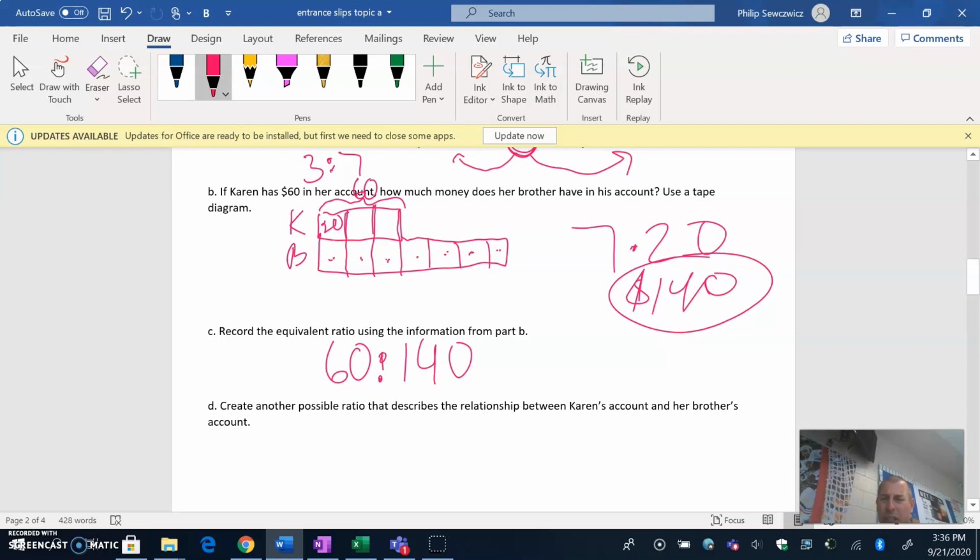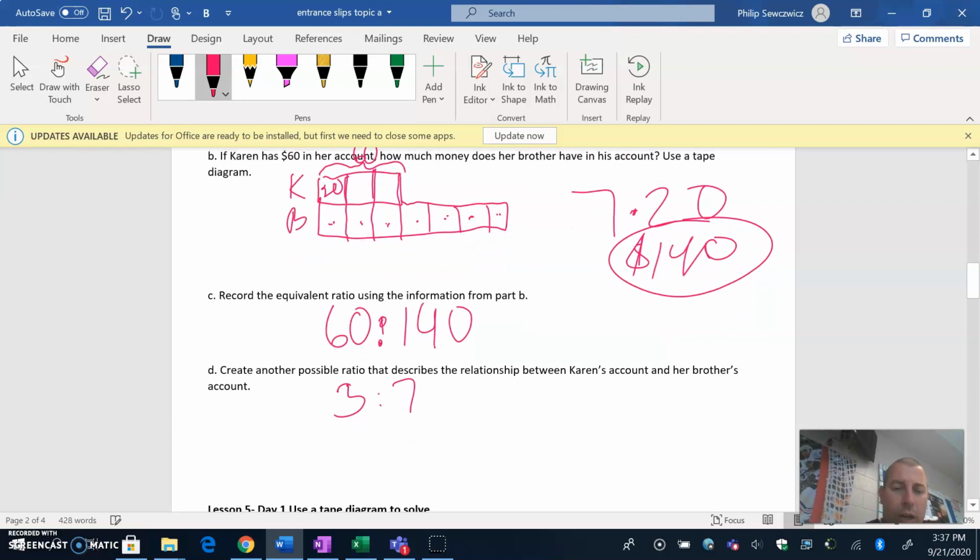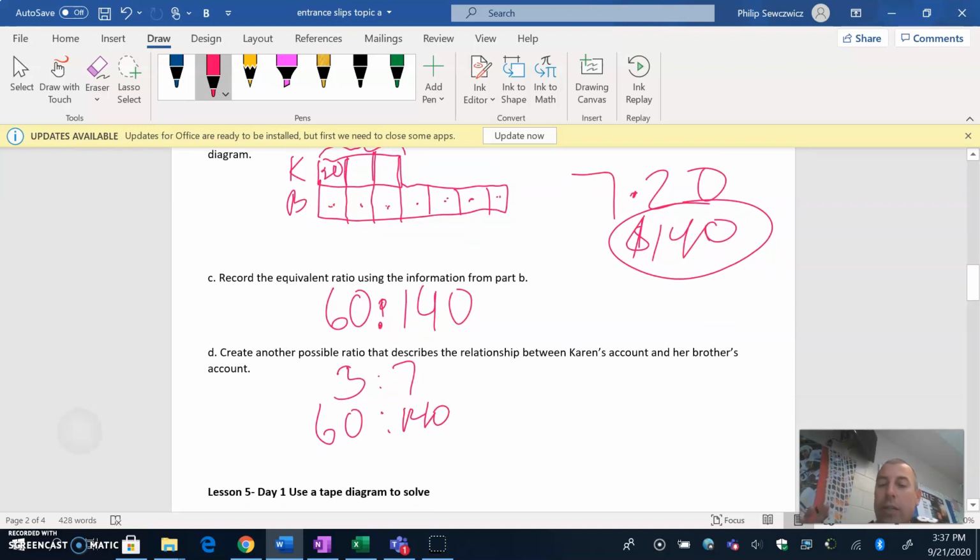Another ratio. All right. So what we want to see here is one of our ratios is 3 to 7. One of our other ratios was 60 to 140. And what we want to get comfortable with here with our ratios is as long as we are multiplying by the same number, things are good.